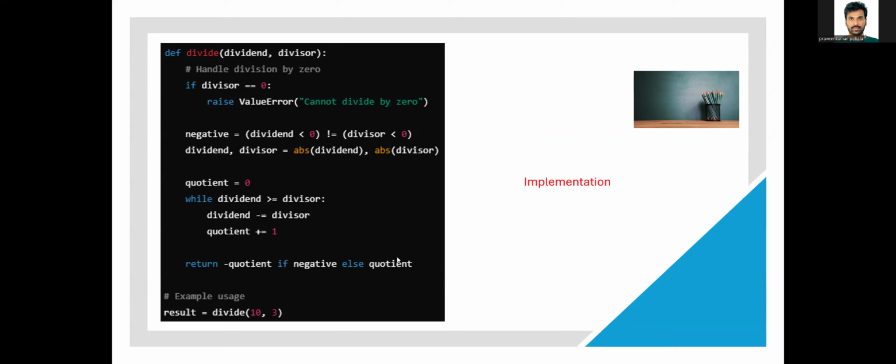Keep doing this until the dividend is less than the divisor. So the dividend is getting updated all the time, and each time a subtraction is performed, the quotient is increased by 1. Finally, return the quotient: if the negative flag is true, we give the negative of this quotient; otherwise, we give the quotient as it is, a positive one.